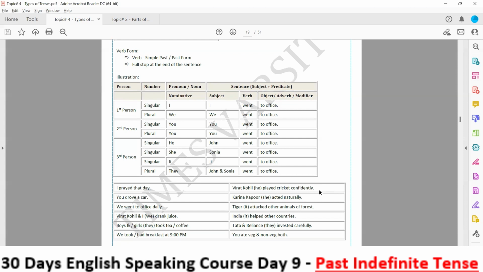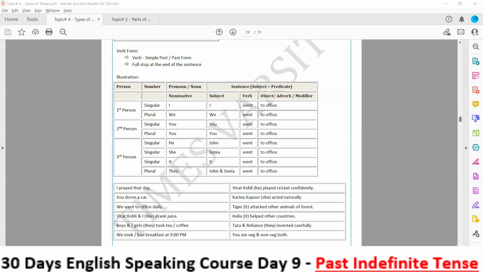Virat Kohli played cricket confidently. विराट कोहली कॉन्फिडेंटली खेले. So विराट कोहली कॉन्फिडेंस के साथ क्रिकेट खेला. खेला या खेला था. Right? This will be the translation in Hindi. Similarly, for Kareena.